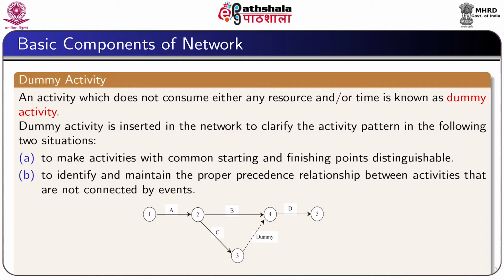So, B and C are independent to occur as soon as the activity A is completed. But if I define an activity D which must start when the activities B and C are both completed, then the situation can be dealt with a dummy activity, which is shown by the dotted arrow in the diagram.